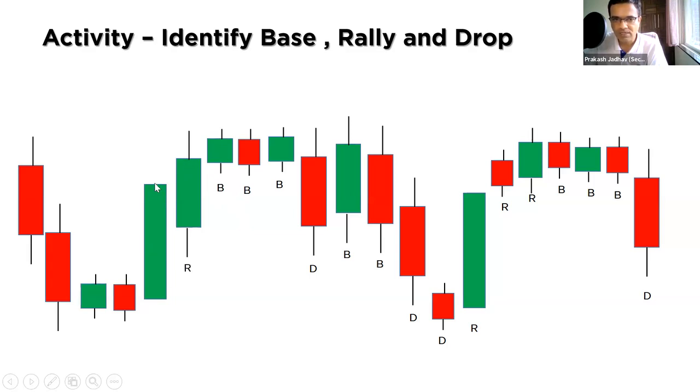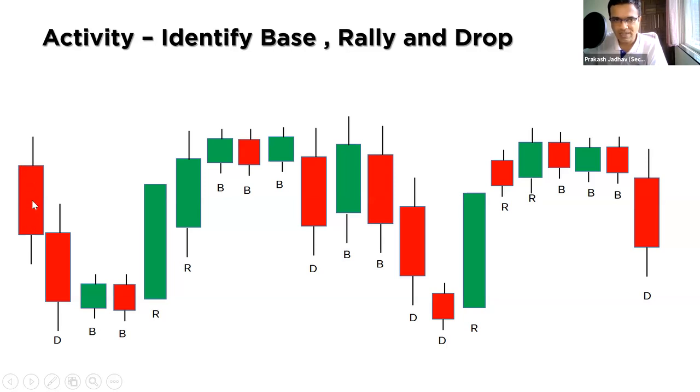This candle is also very clearly a rally, close above the high of this candle. So rally candle. This close is within the range of the earlier candle. So base candle. This close is within the range of this candle, high and low. This is a base candle. This close is outside the range of this candle, lower than the low. So this is a drop candle.